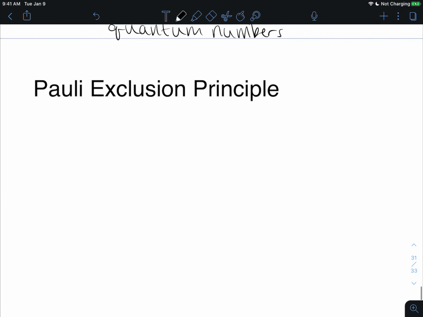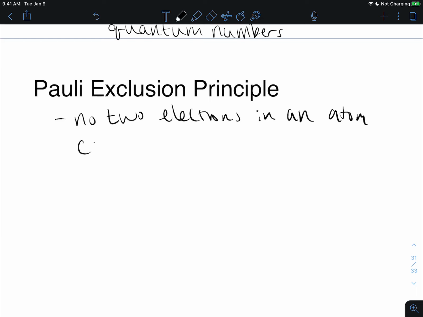So the Pauli exclusion principle states that no 2 electrons within an atom can have the same 4 quantum numbers.